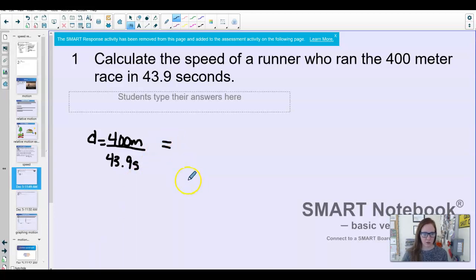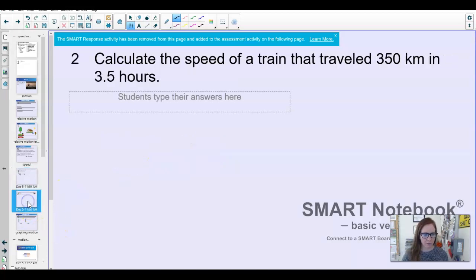And you would want to do that, and you would get the speed in meters per second. So go ahead and pause the video and do that math. And hopefully when you got the answer, you got approximately 9.1. We're going to round to the tenths place since this is to the tenths place. 9.1 meters per second.